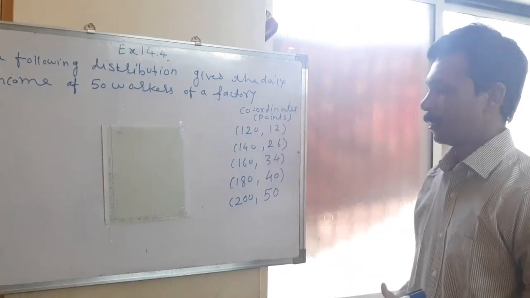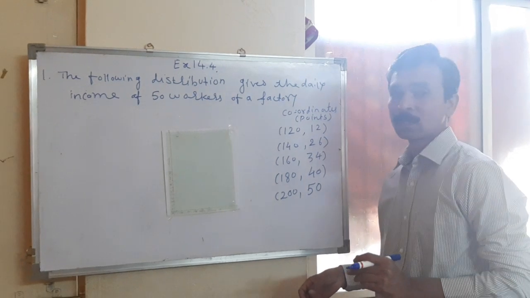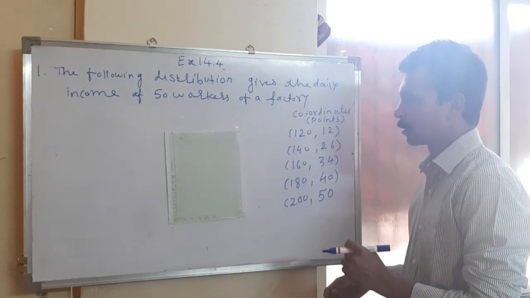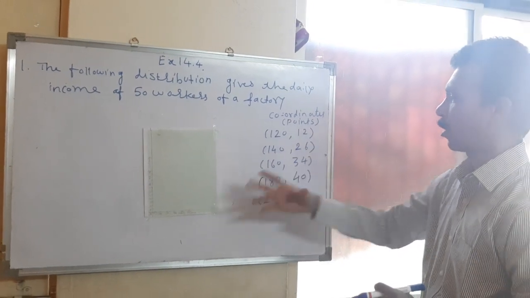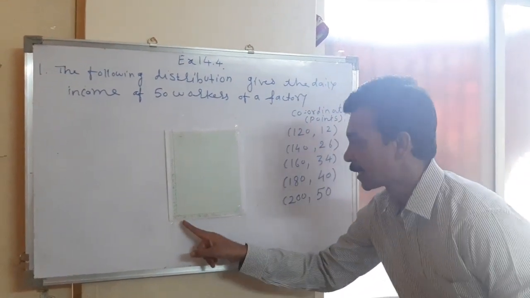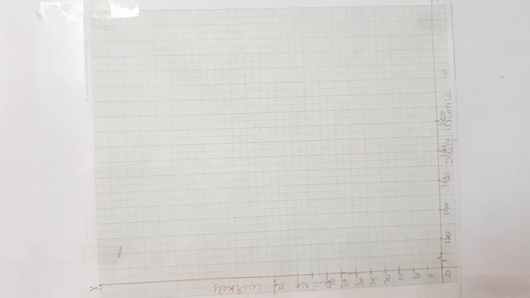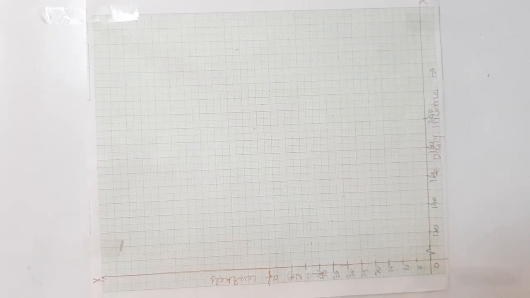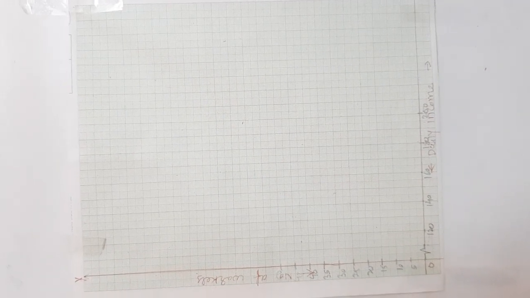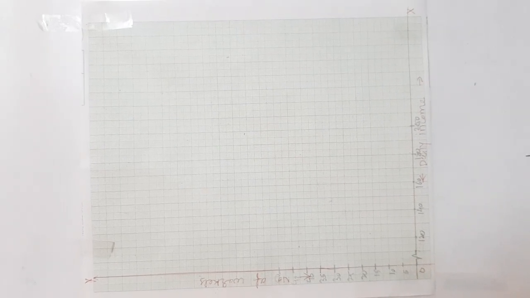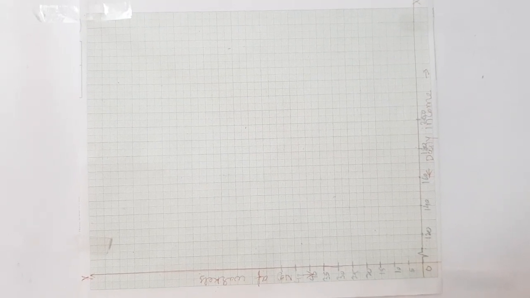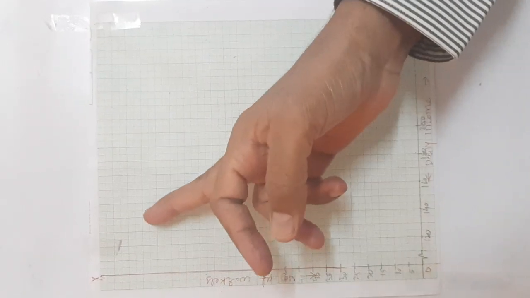Okay. Now what we have to do is plot these points on the graph paper. We have to take the upper limits on the x-axis and the CF on the y-axis.